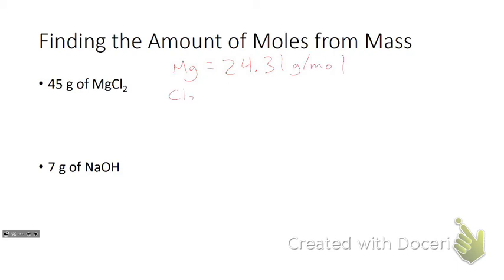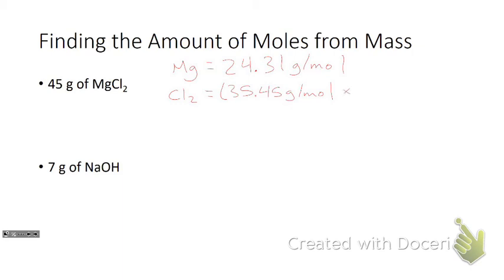And chlorine has a mass of 35.45 grams per mole. How many chlorines do we have though? 2.